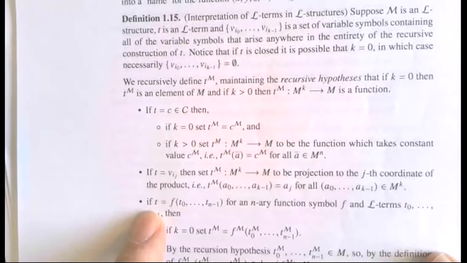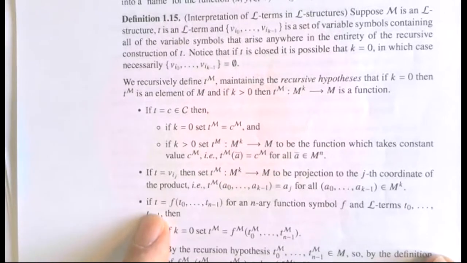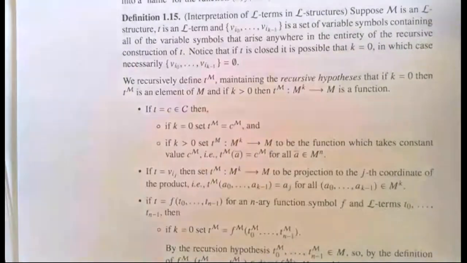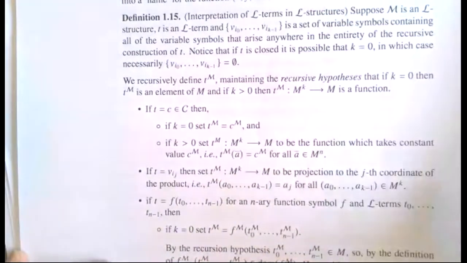If the term is a function, then again, just by an induction on complexity, the k-ary function that he's going to have is the function, but defined using interpretations of these terms that are there within it. When k is 0.